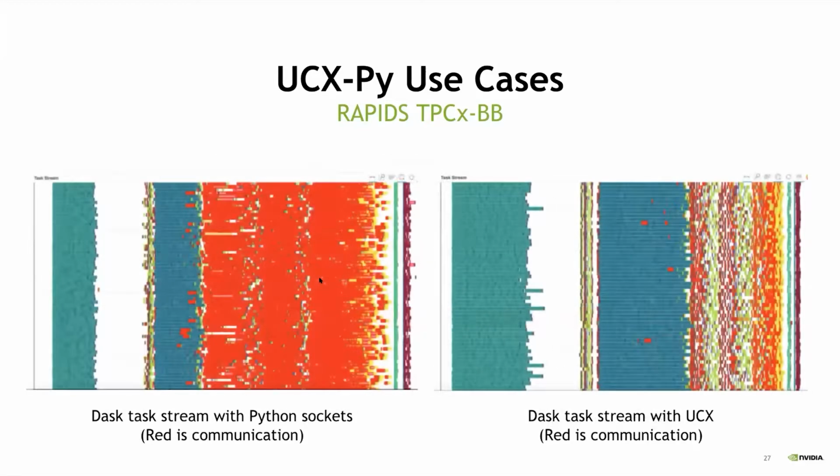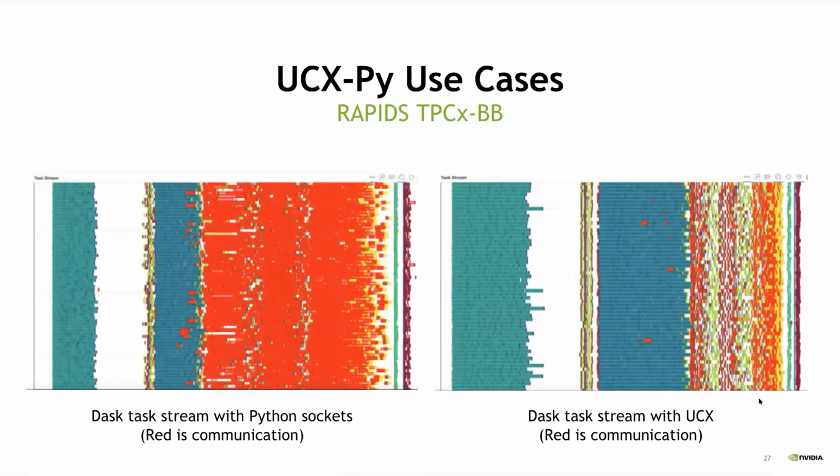And this is where the interesting part is. This is the Dask task stream. It's part of the Dask dashboard that I mentioned before. So this is what you also see in real time when Dask is processing. All the blue and green tasks are different compute tasks, but the red part is communication. On the left side, we see that is with Python sockets, and on the right side is with UCX.